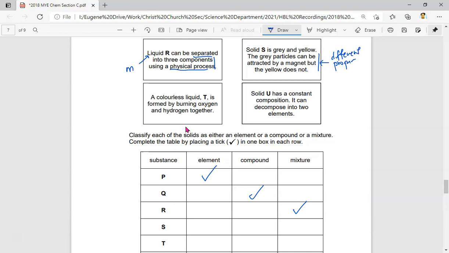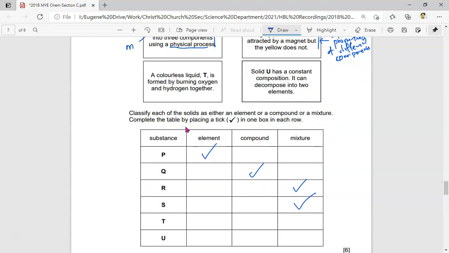Solid S contains gray particles and yellow particles, and they behave differently. So if I have different components with different properties, it means solid S is actually a mixture.